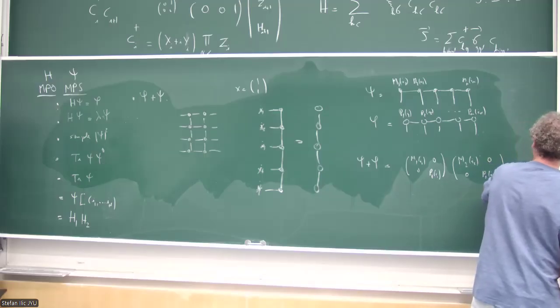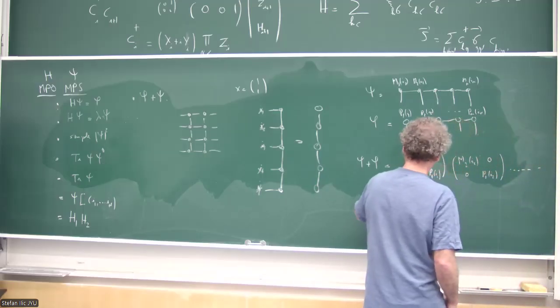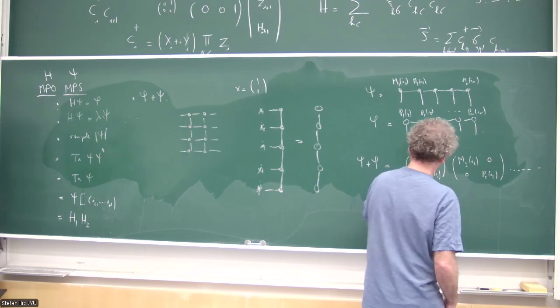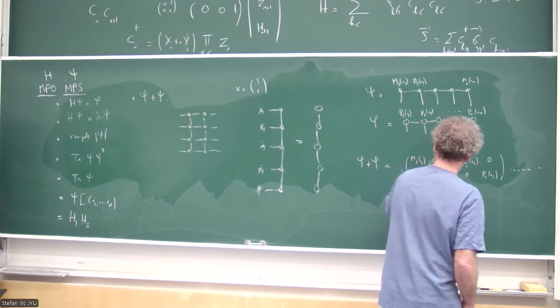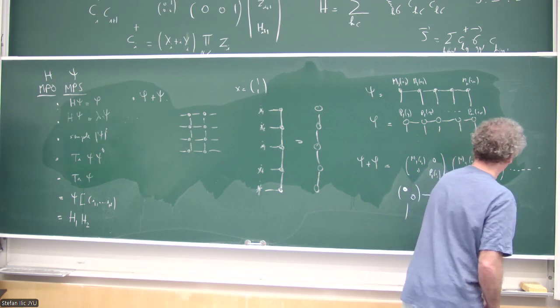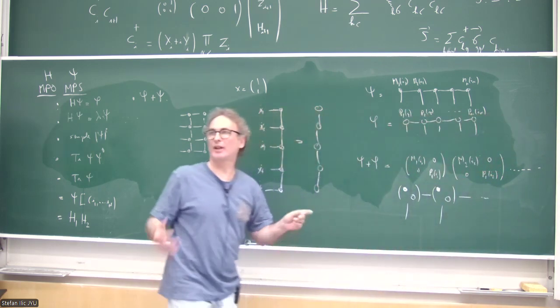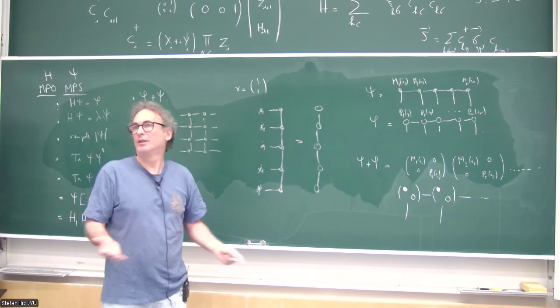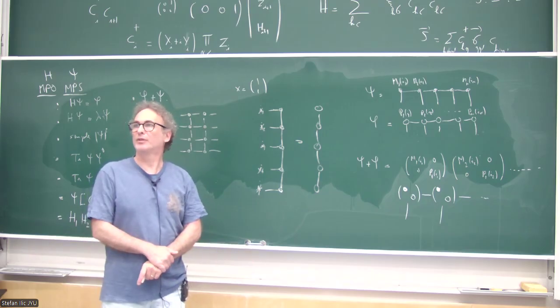You just stack the matrices together. In drawing notation it would be something like that, but a bit ugly. You just stack the matrices together, and it's going to add the two contributions.